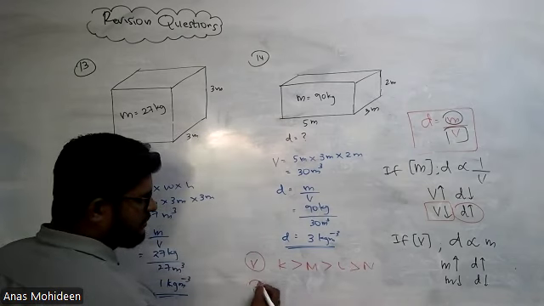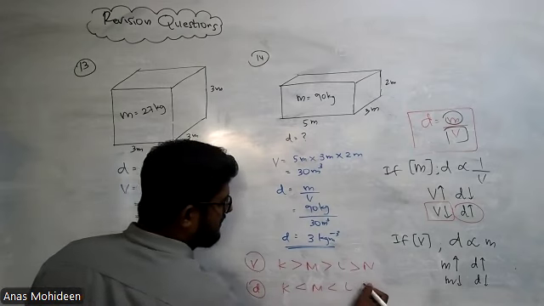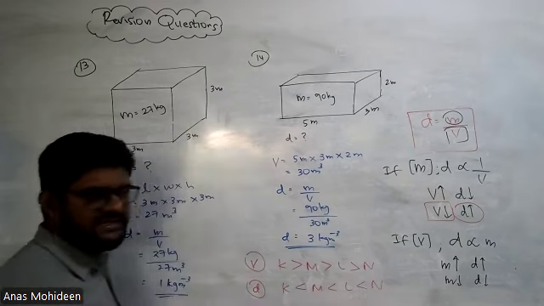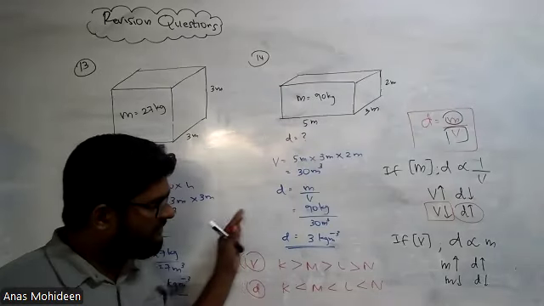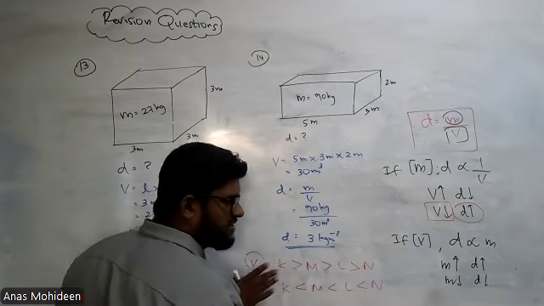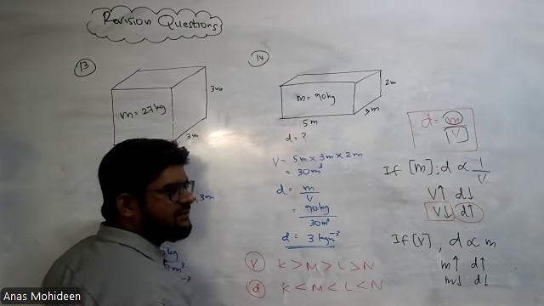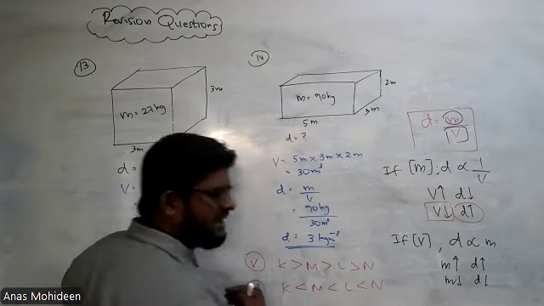Then the density should be in increasing order. When the volume is decreasing, density increases. So K, M, L, N is the order of decreasing volume, so the increasing density order should be K, M, L, N.